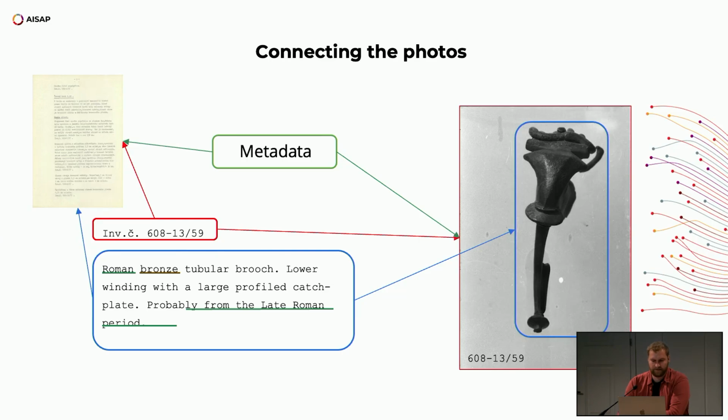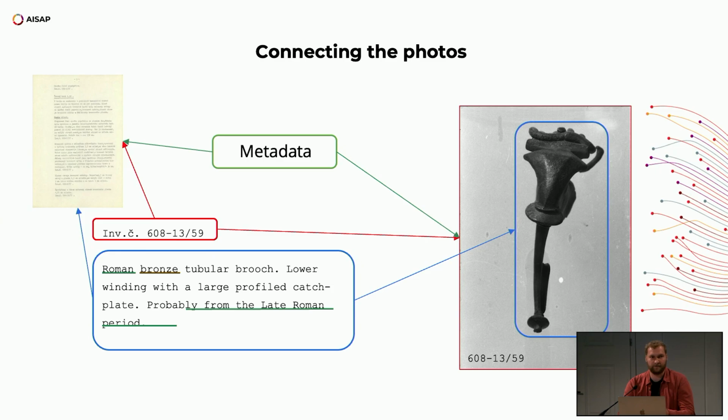Also, we need to connect these photographs to these documents, because a lot of photographs we have are not related directly to the text. But we have some metadata from these photographs, like inventory numbers or descriptions, or information about who took the photograph.